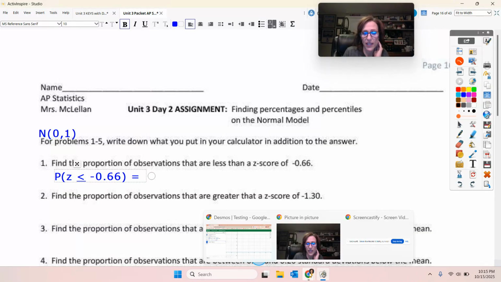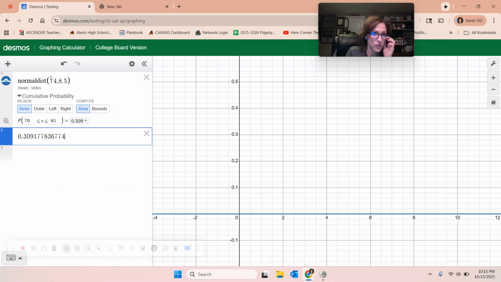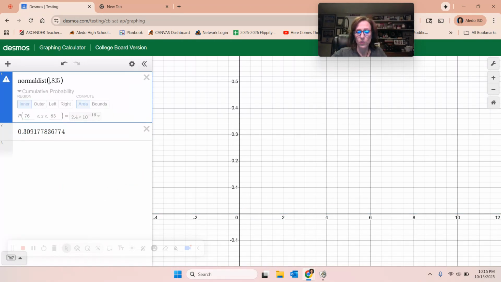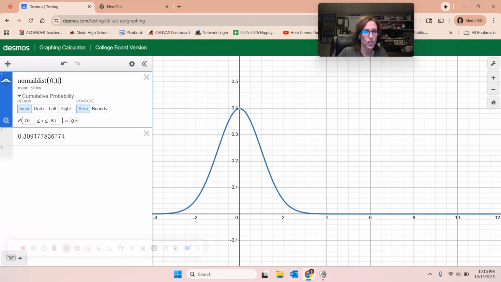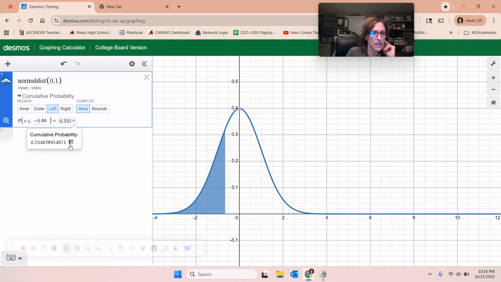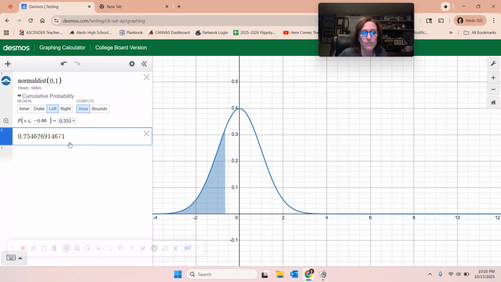So you're going to be going into Desmos, and you're going to be doing the normal distribution with a mean of 0 and a standard deviation of 1. And then we're going less than, so that's left, and you're going negative 0.66. So draw that picture and then put that number in there. There you go. That's it. So there you go. Do all of those.